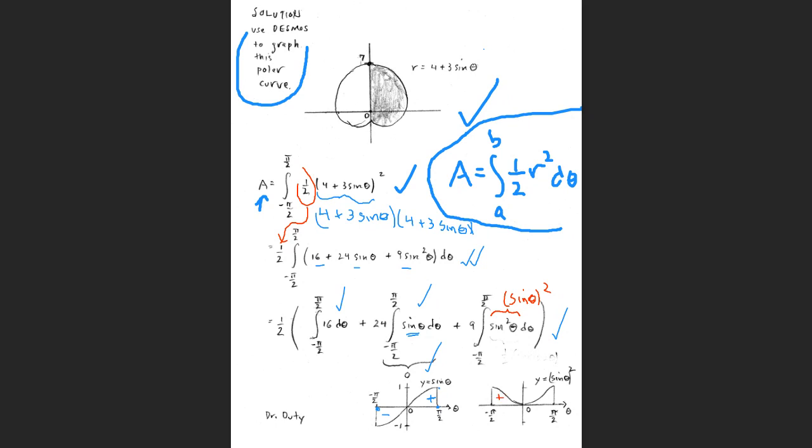And so I have positive areas in both, of course, but I can just write that as 2 times the integral from 0 to pi over 2 of sine squared theta d theta.